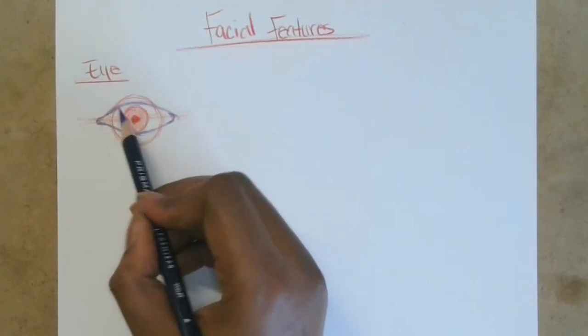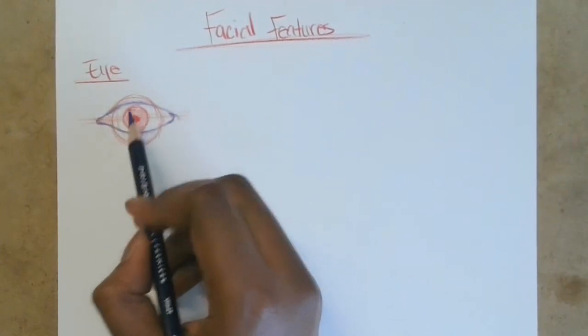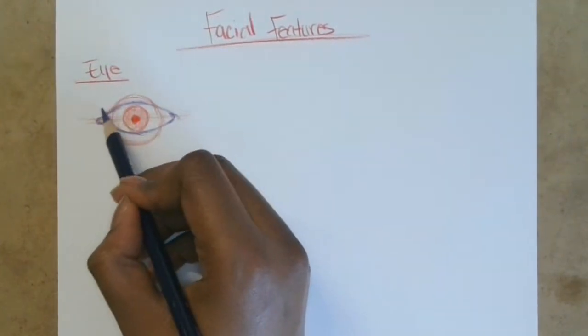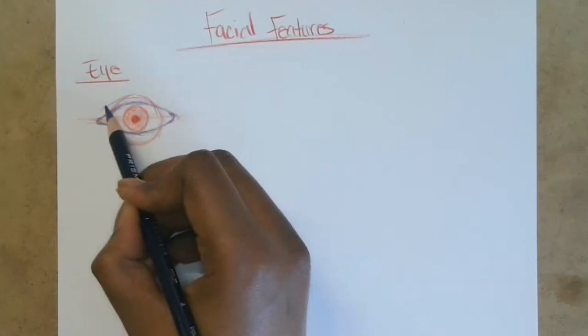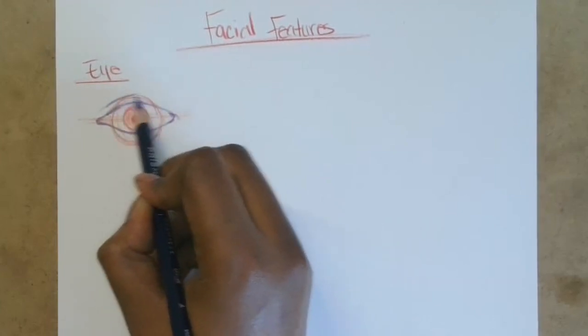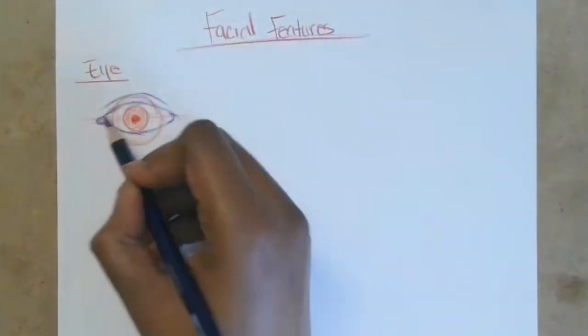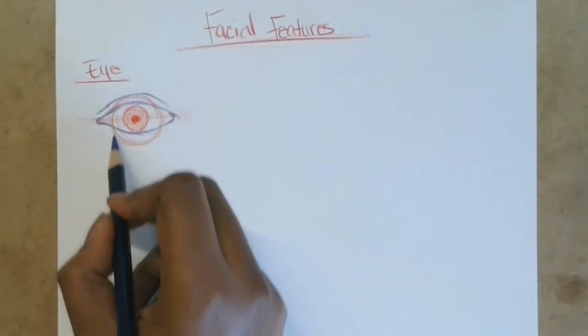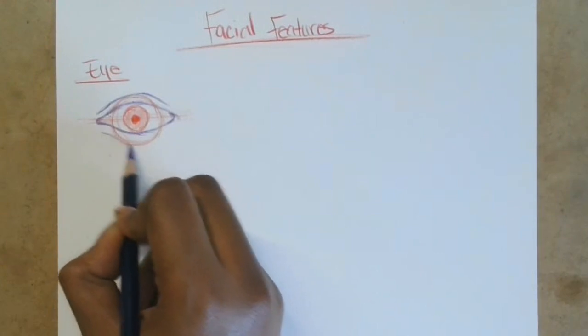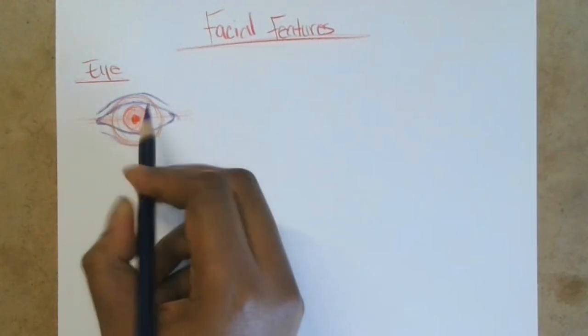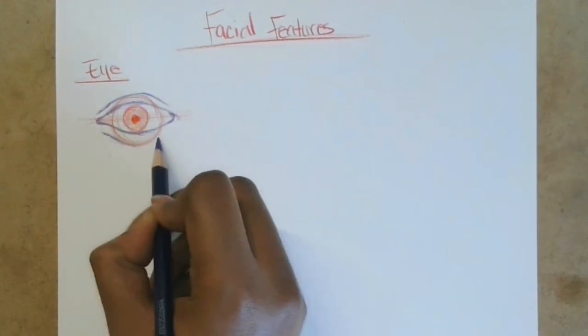So right now, this is just an outline of the top eyelid, bottom eyelid. You actually need to sketch the skin fold above, and that's where the top of that first circle comes in. And now we're going to sketch the fold of the bottom eyelid around the bottom of the circle.